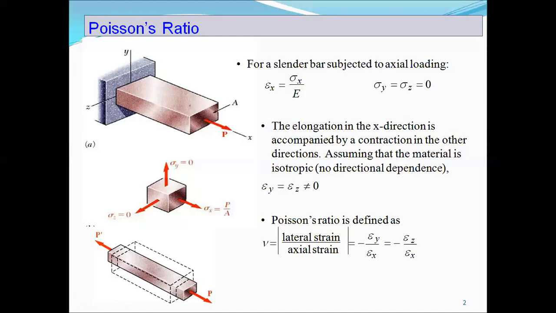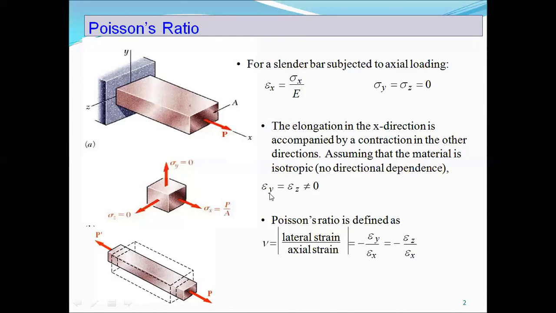So for isotropic material, epsilon y would be equal to epsilon z, and it would not be equal to 0. Although here you could see that sigma y and sigma z are 0, the stresses are 0, there would be deformation along y direction, there would be deformation along z direction. So there would be strain.